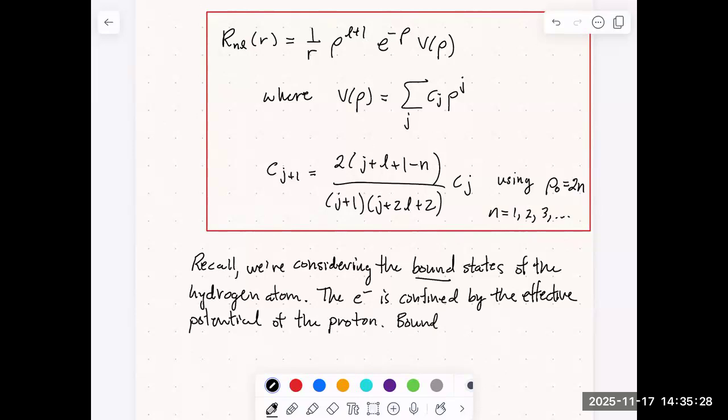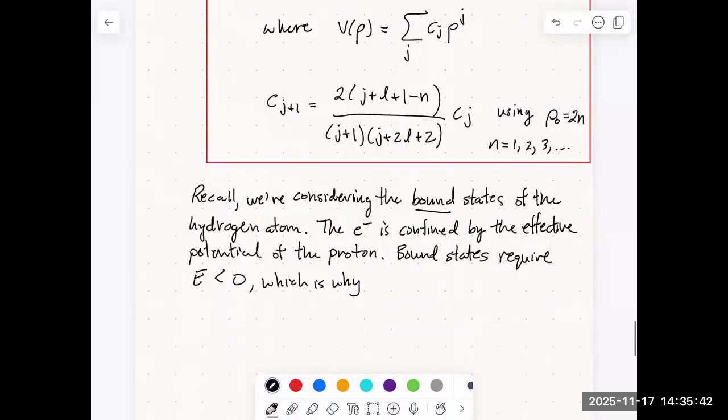And the way we got bound states was to require E be less than 0, which is why we have found that E_n is minus 13.6 electron volts over n squared.